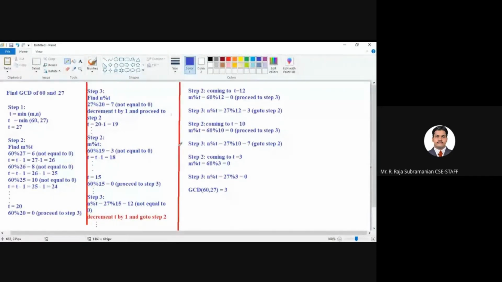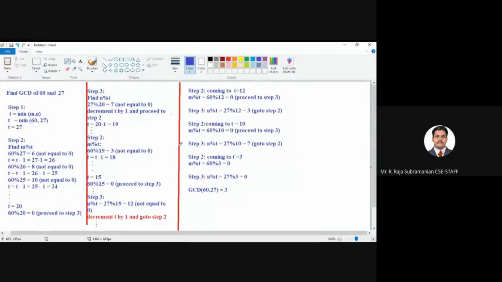Right? Calculate GCD of 6,37,236 comma 17,763. Right? These are two big numbers, 5-digit, 6-digit numbers.